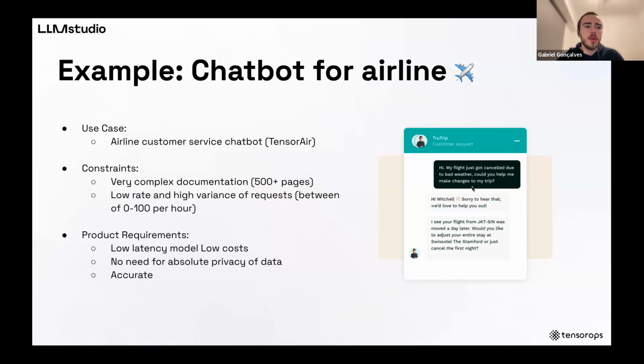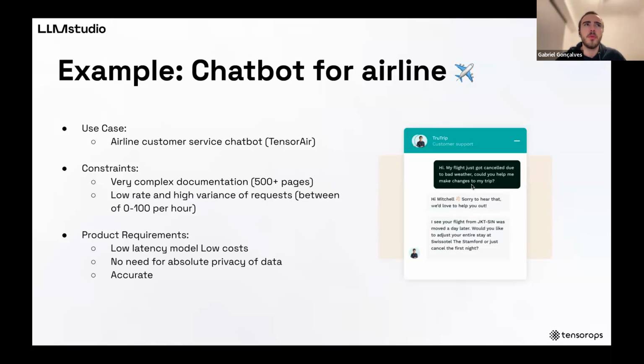This airline would also be expecting a low rate of requests, but high variance, somewhere between 0 and 100 per hour. We wouldn't expect people to be asking questions to this chatbot at 4 a.m., but the volume can get up to 100, which is still quite high in terms of the scale of LLMs. We would need low latency, so we wouldn't want to take more than 10 seconds to respond to the users, as it would feel quite unresponsive.